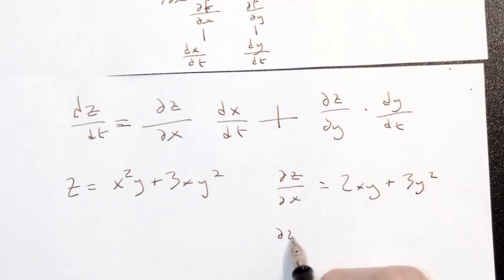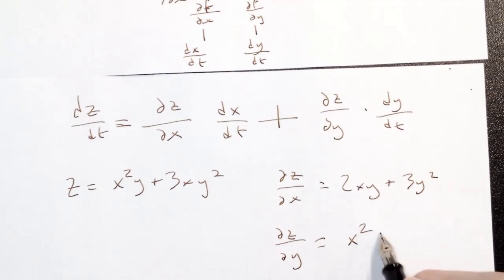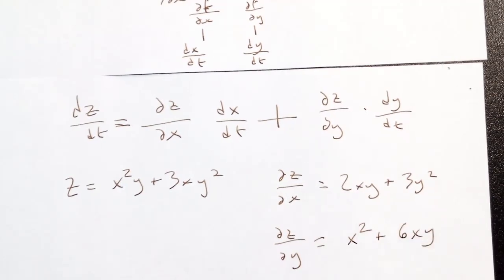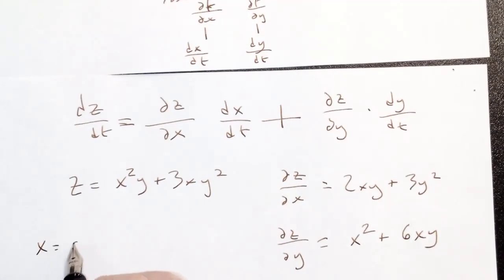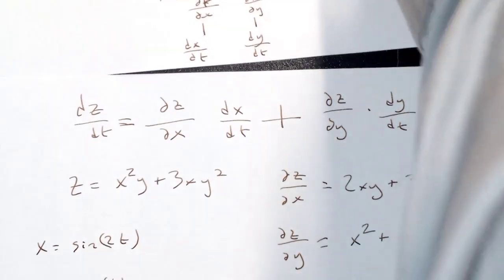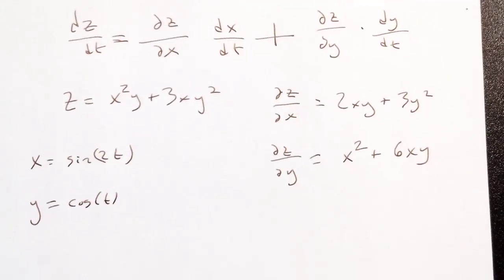And partial of z with respect to y. x squared plus 6y x. The x is as much of a number as the 3 is in terms of y. Oh, wait a minute. We also had x was sine of 2t and y was cosine of t. So I can get the derivatives of those pieces as well.